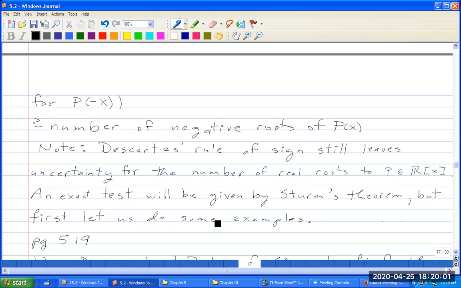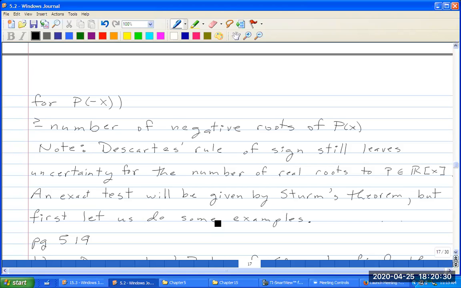I won't be able to say there's exactly 4 positive roots. I'll say, well, maybe there's 0, there's 2, there's 4 positive roots. Maybe there's 1, 3, 5 negative roots, but I won't be able to nail it down to exactly how many positive or negative roots there are, unless the number of sign changes is 0, in which case I can say, oh, there's no positive roots, or there's no negative roots.